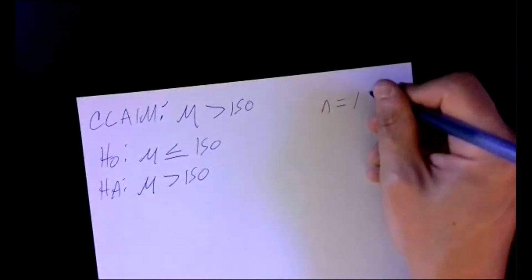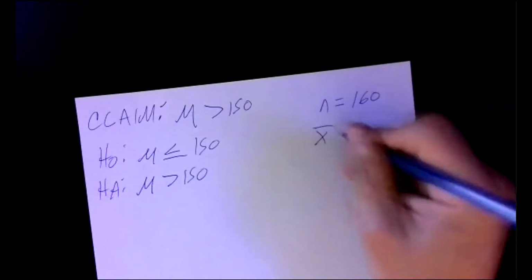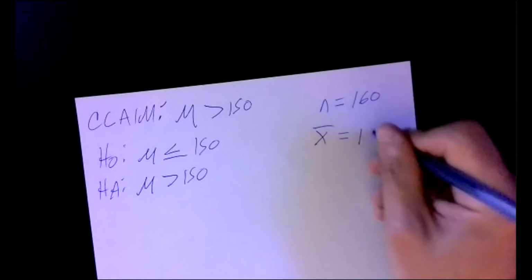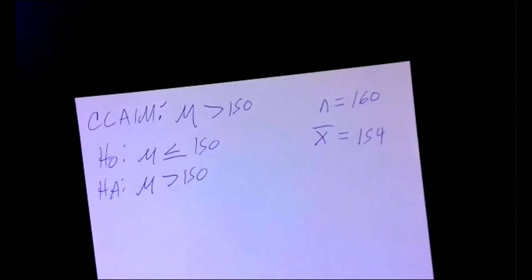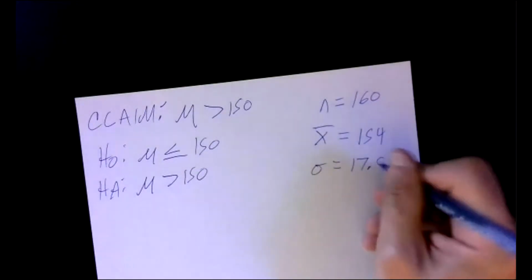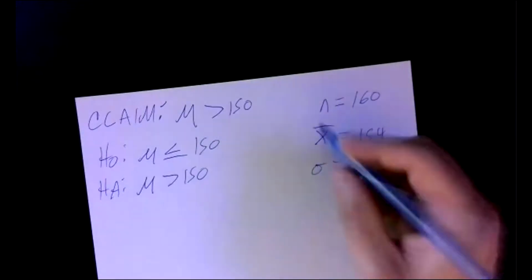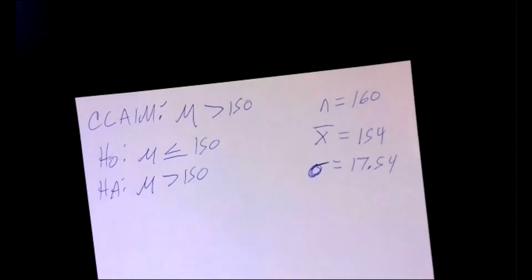Okay, we have a sample size of 160 tickets. The sample mean is $154. Now, the population standard deviation, sigma, is 17.54. Now, this is important. Because we have sigma, it means we'll use the z distribution and not the t.